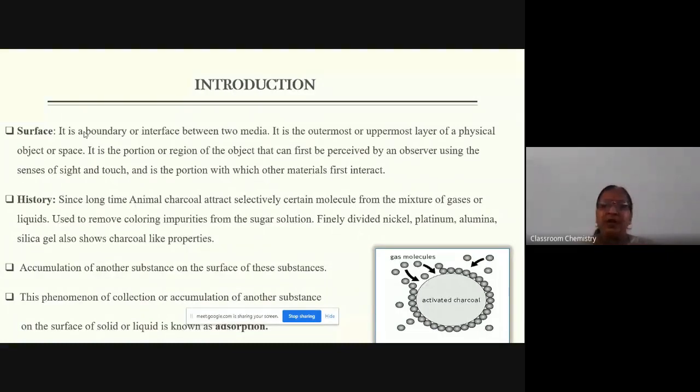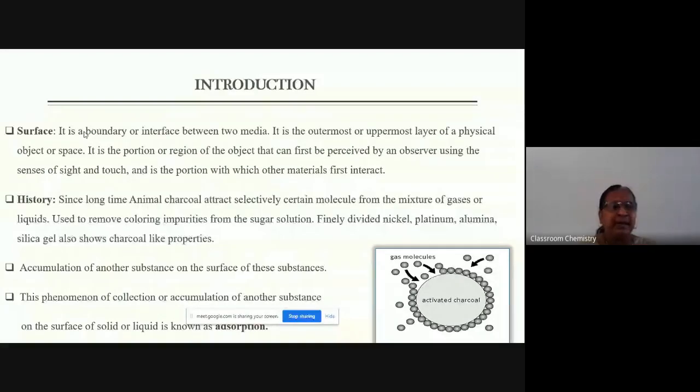It is the outermost or uppermost layer of a physical object or a space. म्हणजे कुठलाही ऑब्जेक्ट आपण, if we consider any substance, any matter, any object, its outermost part is the surface, and it is the portion or region of the object that can be first perceived by an observer using the senses of sight and touch.